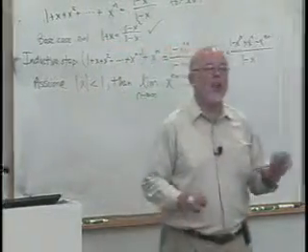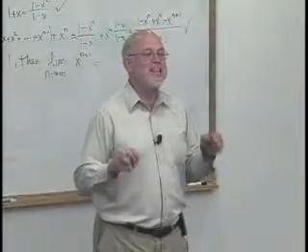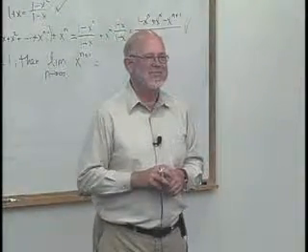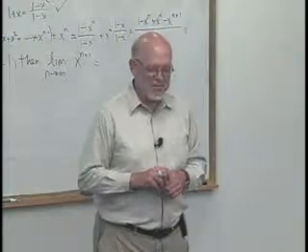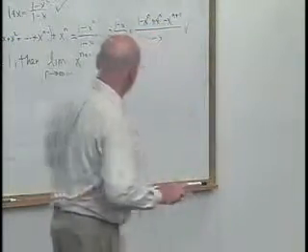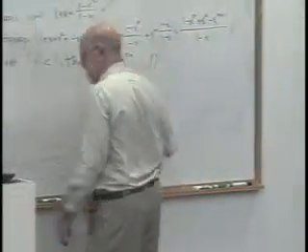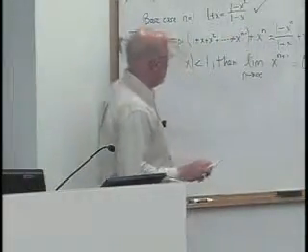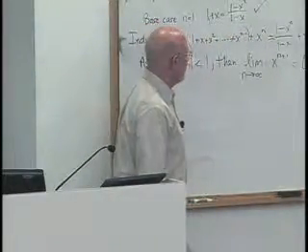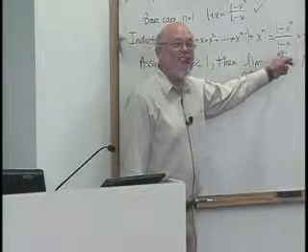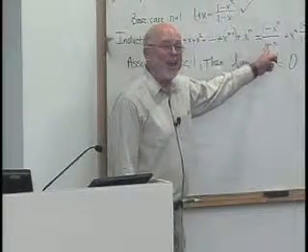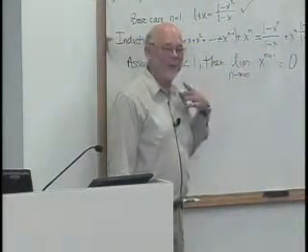If you take a number smaller than 1 and raise it to a great big power, what do you get? Something very, very small. And this limit is 0, which means that if you ask me to make it less than 1 trillionth, I can pick some exponent n so that x to the n plus 1 is less than 1 trillionth in magnitude.